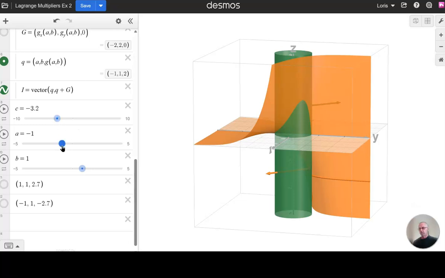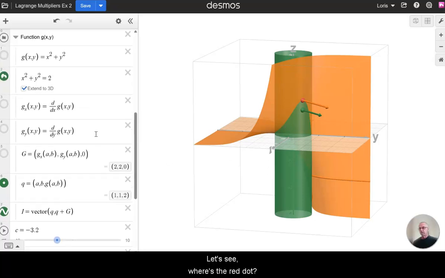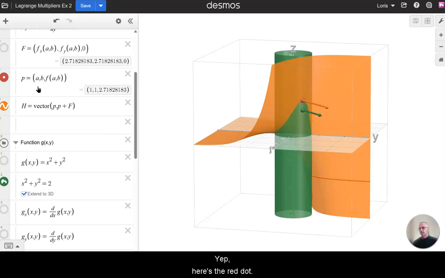Let's pull it over. All right, so that point there, that red dot is at 1, 1, 2.7. Let's see. Where's the red dot? Yep, here's the red dot. 1, 1, 2.718. That's the value of E when you do the math.